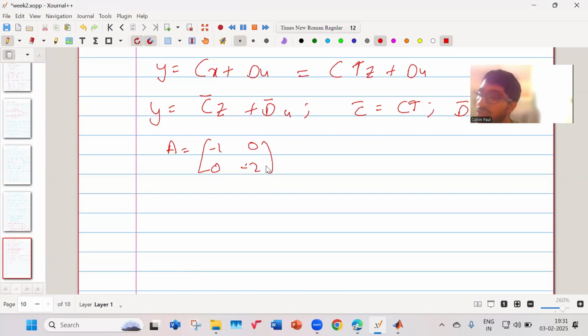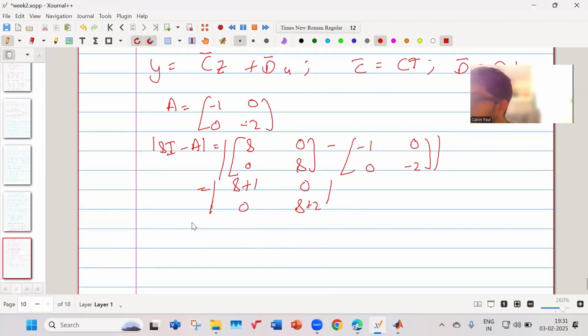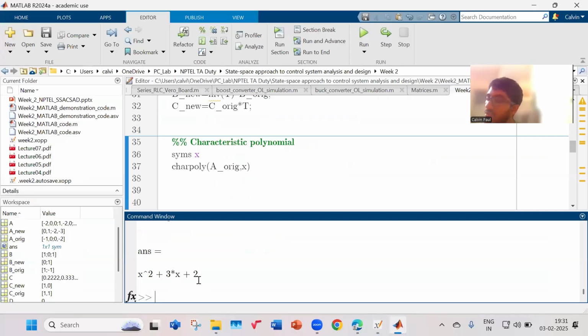So the characteristic polynomial is the determinant of sI minus A, that is S plus 1, 0, 0, S plus 2. So sI minus A determinant is S plus 1 into S plus 2, that is S square plus 3S plus 2. Right? And what are we getting here? x square plus 3x plus 2. Okay, so this is an easy way to get the characteristic polynomial.